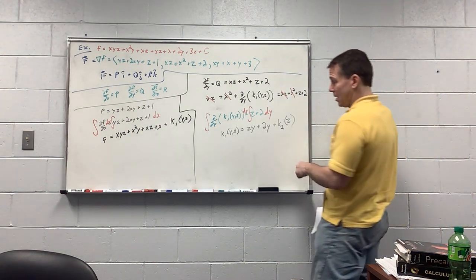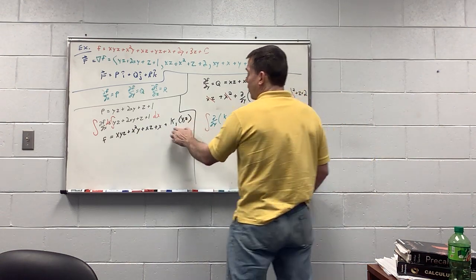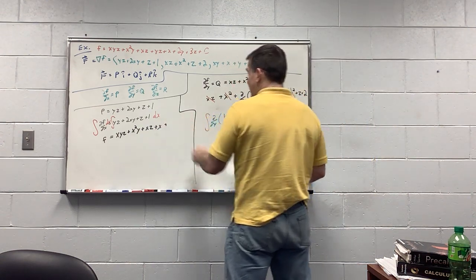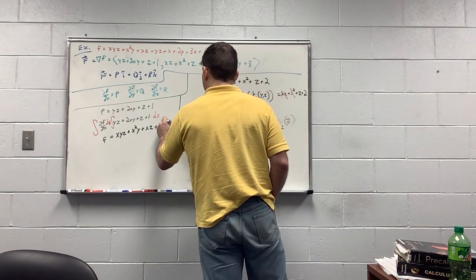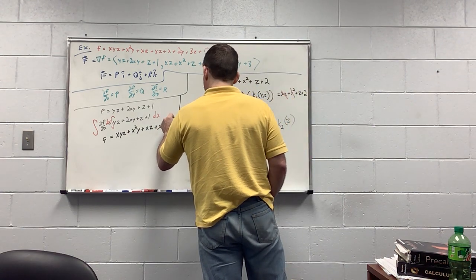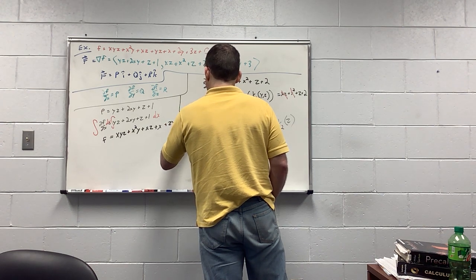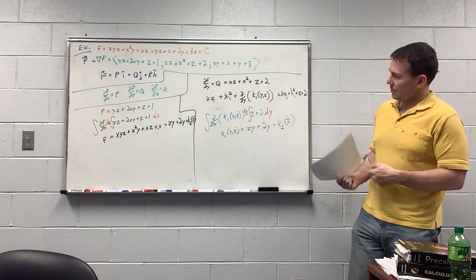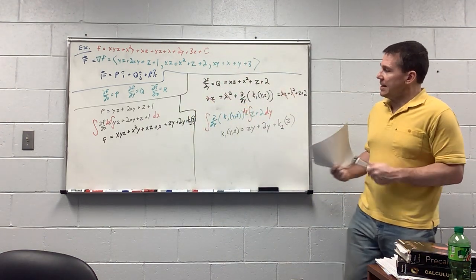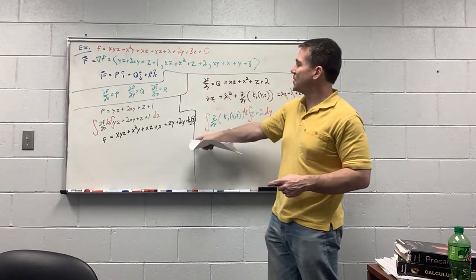But now, I know what this is, so I can actually go over here and replace k sub 1 with the k sub 1 I just found, which is zy plus 2y plus k2z. Now again, we can see I'm actually getting back more of my original function.